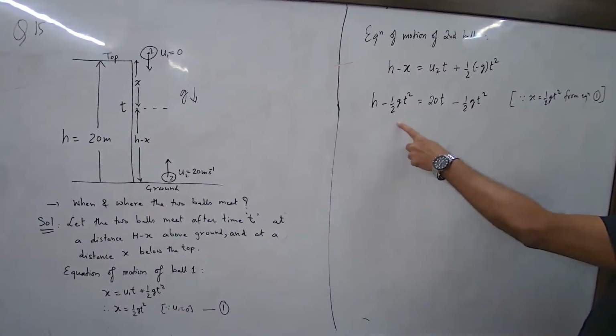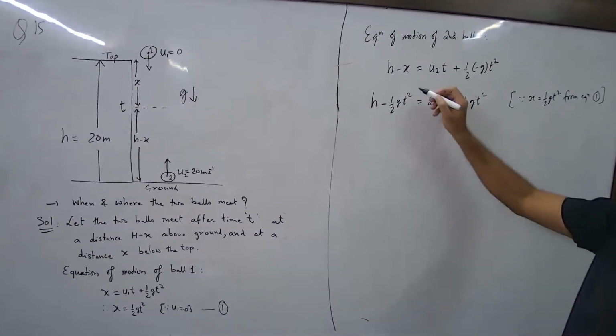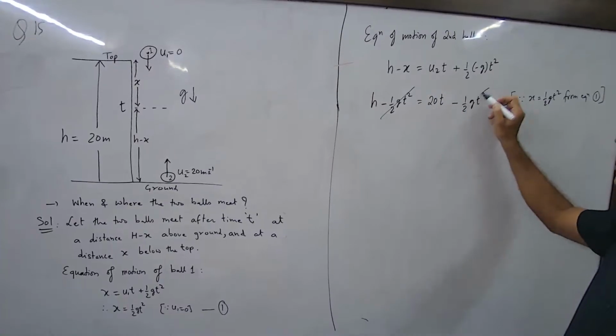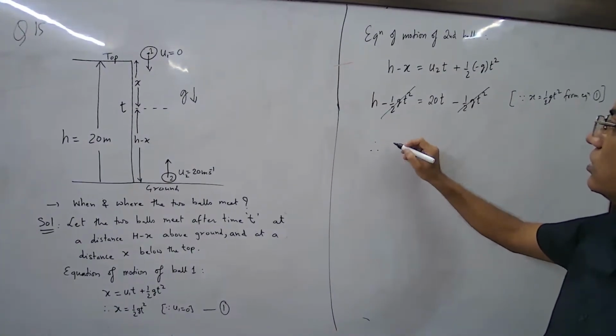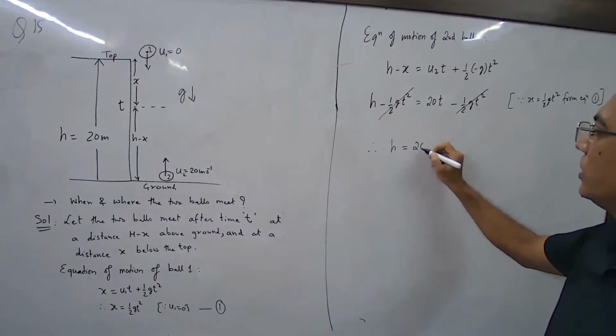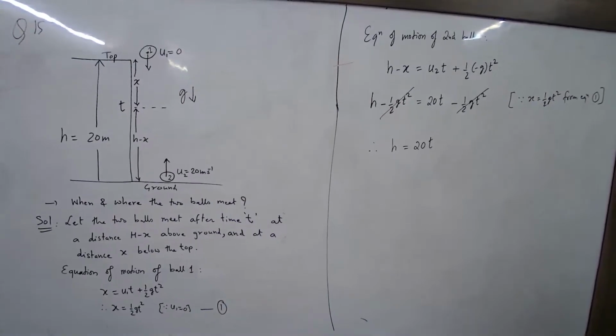Now this half g t square on the left and half g t square on the right will be cancelled. So therefore h is equal to 20t. h is equal to 20t.